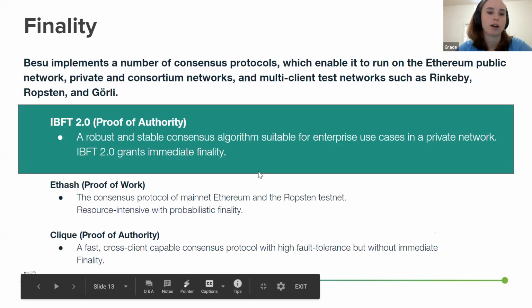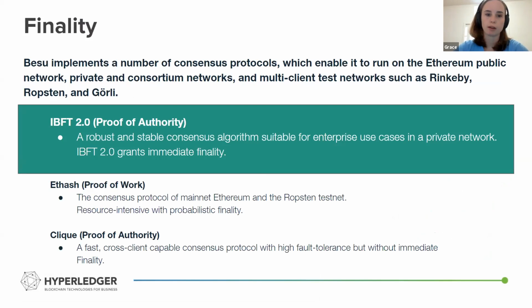So finality, you'll see on this side, we're talking about consensus mechanisms and how you're able to set up your network. Of course, with Ethereum, if you're using the public chain or mainnet, all of the Ethereum clients and all of Ethereum mainnet use proof of work and Ethash. But within Besu, you have two options for a permission network setting with proof of authority.